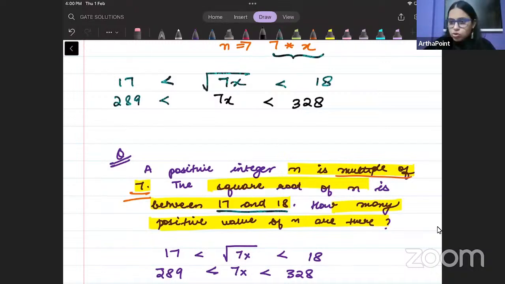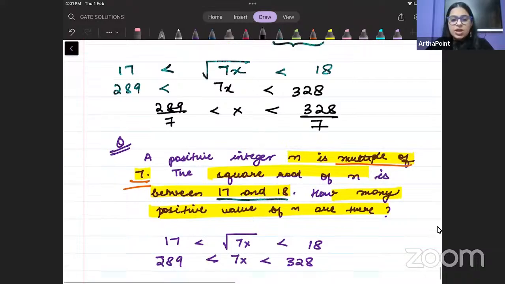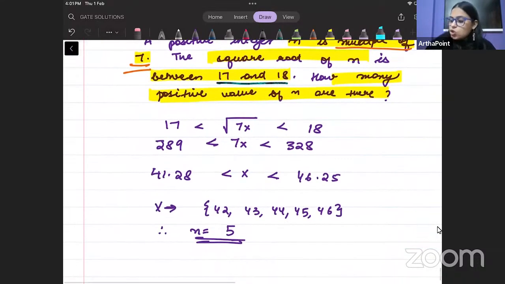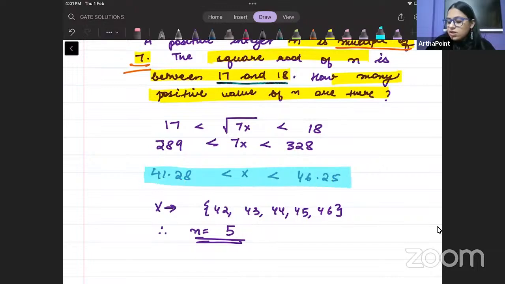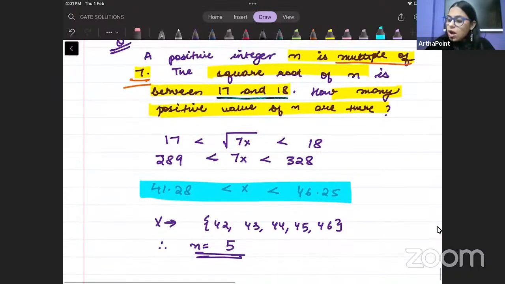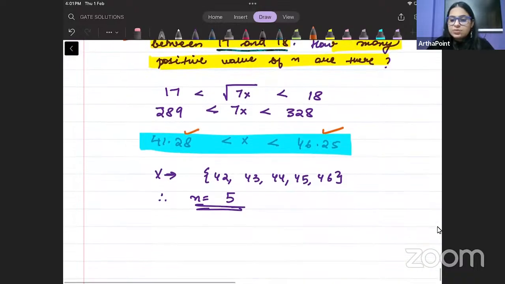Now, if I divide throughout by 7, what will I get? I will get 289 by 7 less than x less than 324 by 7. If you solve this, you will get that x should be between 41.28 and 46.25, right? Now it is asking how many integers there are. So, beta, how many integers are there between 41.28 and 46.25?